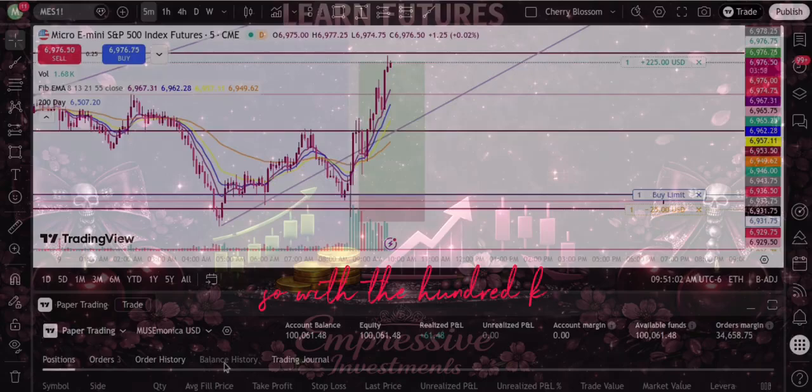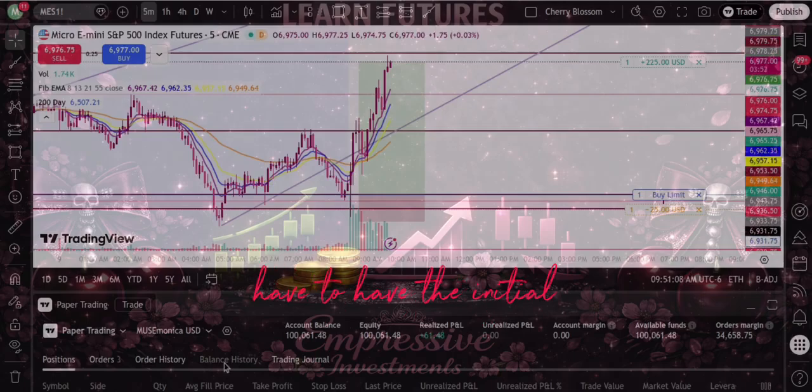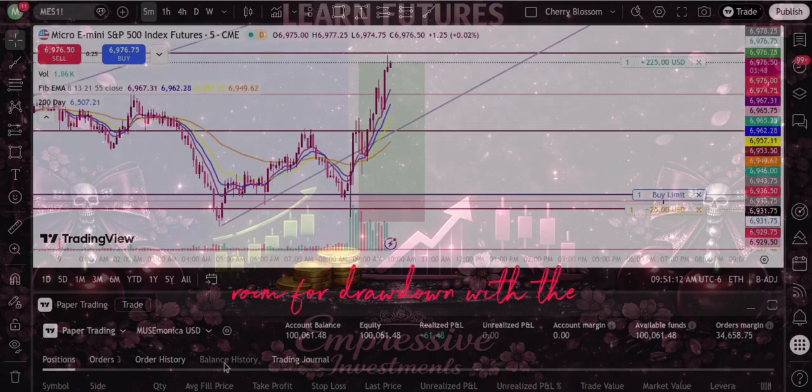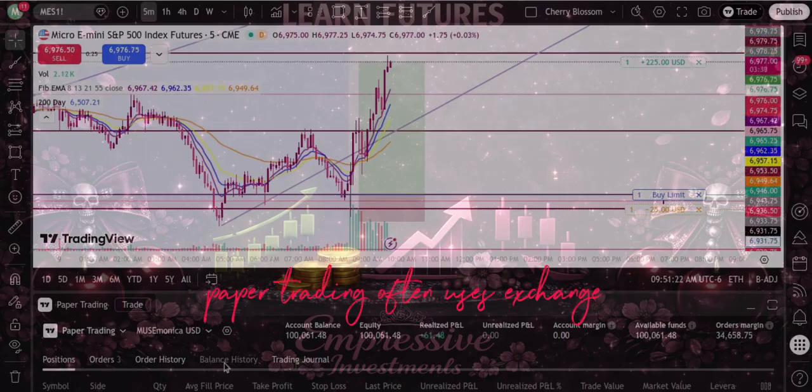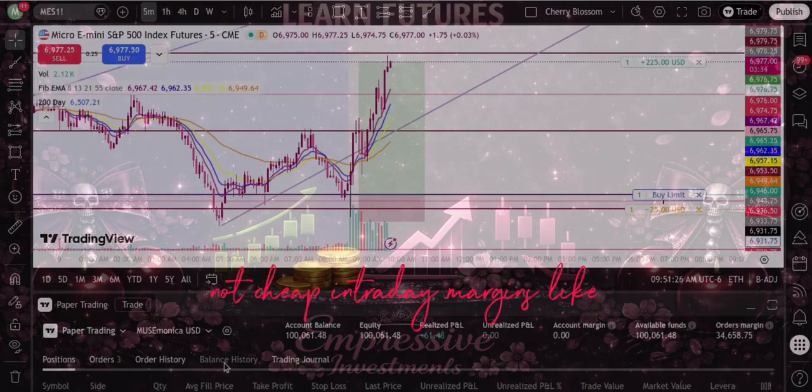So with the 100K demo account, like I said, you're going to have the initial margin, the maintenance margin, and then room for drawdown. In TradingView, paper trading often uses exchange-level margin, not cheap intraday margins like Tradovate or NinjaTrader, right?